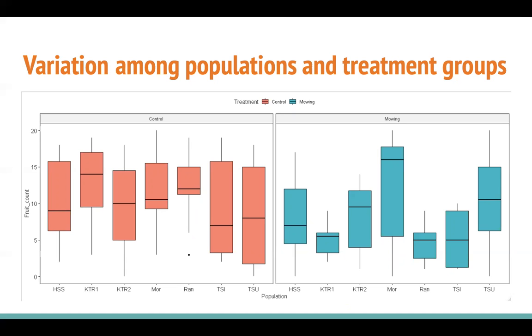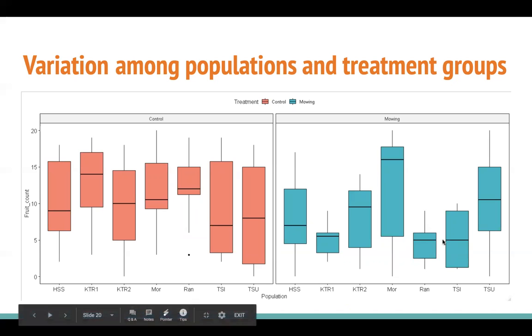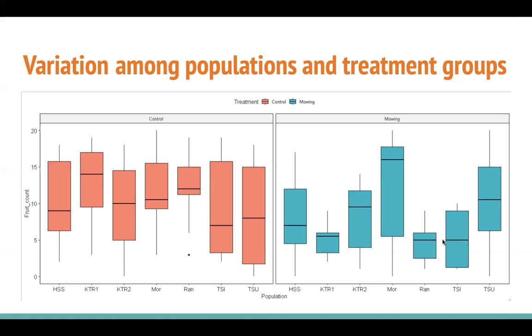If you look at RAN, the third population from the right on both box plots, you will notice that in the control group, it has a high fruit count compared to the other populations. While in the mowing group, the same population has one of the lowest fruit counts. This is a significant decrease. On the other hand, we'll see a less noticeable shift in KTR2, the third from the left on both graphs.